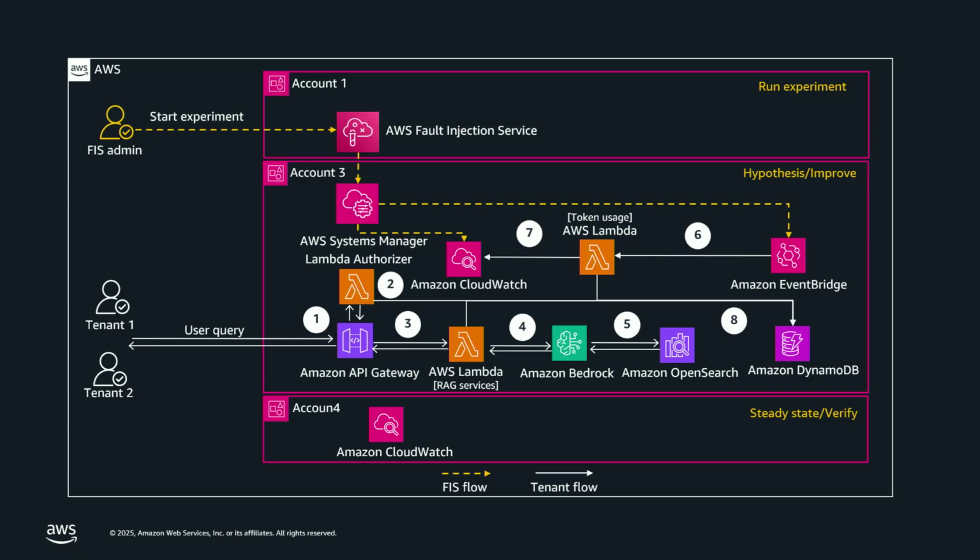Both of these tenants perform their respective RAG queries against API Gateway. The API Gateway has been configured with a usage plan to limit per-tenant requests to 10,000 tokens, with 500 input tokens and 500 output tokens, and 100 requests per day.